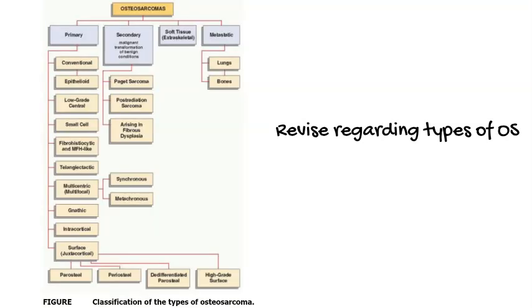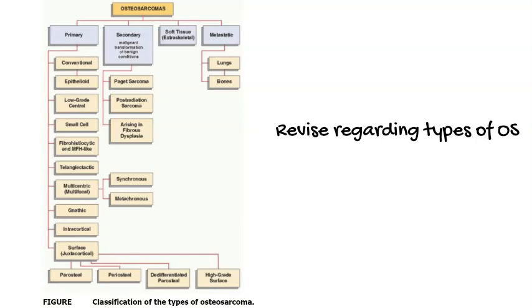Now let's revise regarding types of osteosarcoma. This figure shows the classification of the types of osteosarcoma. It can be divided into primary, secondary, soft tissue, that means extraskeletal, and metastatic.